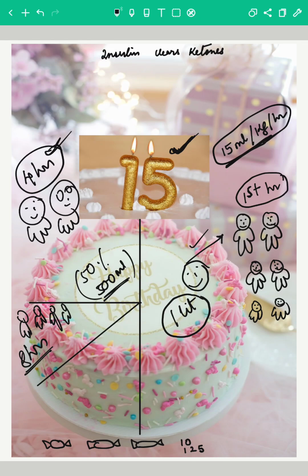So in the next 8 hours, he will again make it 50% of what he had given in the last 4 hours. So now he makes it 250 in the next 8 hours, because he has to save some cake.